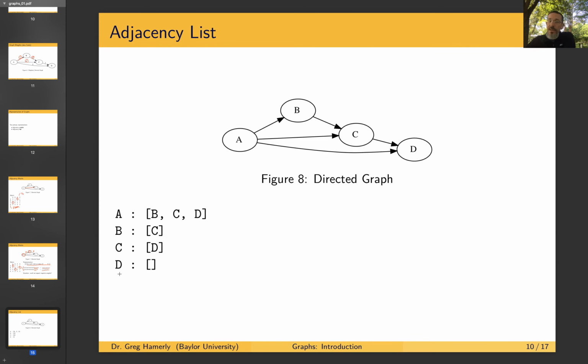With the adjacency list representation, we represent only the edges that actually exist.